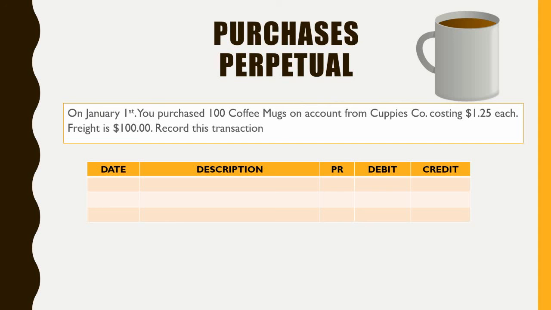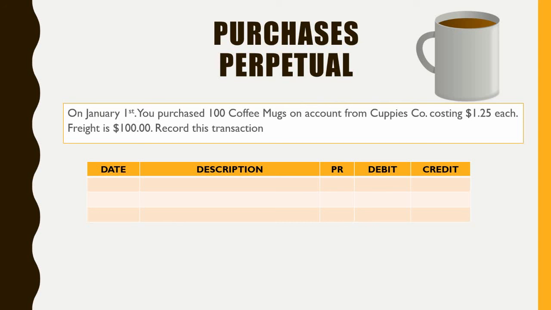How would we record this if we're using perpetual inventory? Use mugs inventory or something like that.